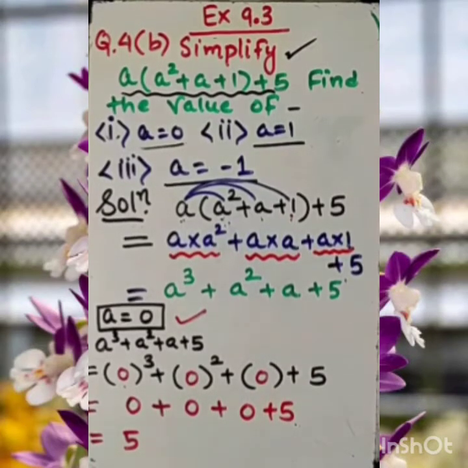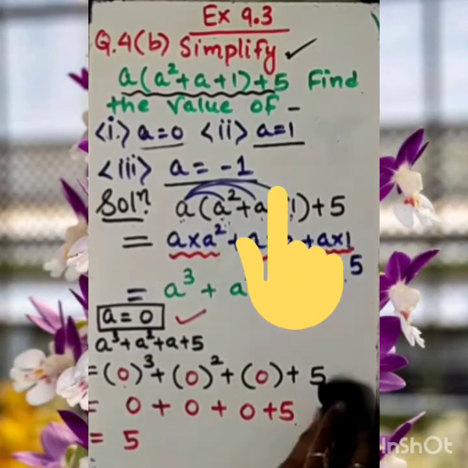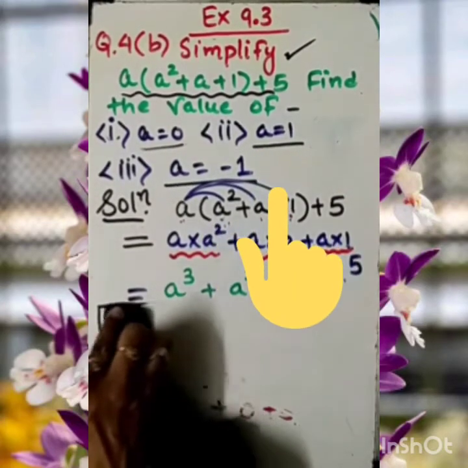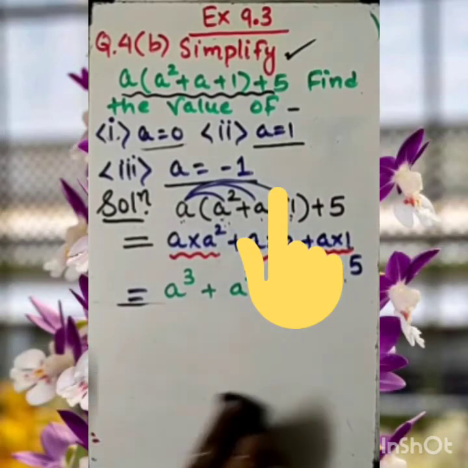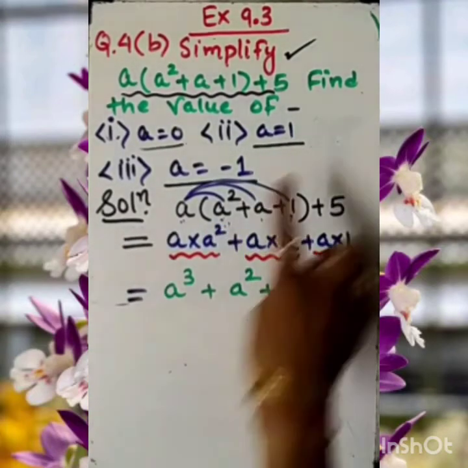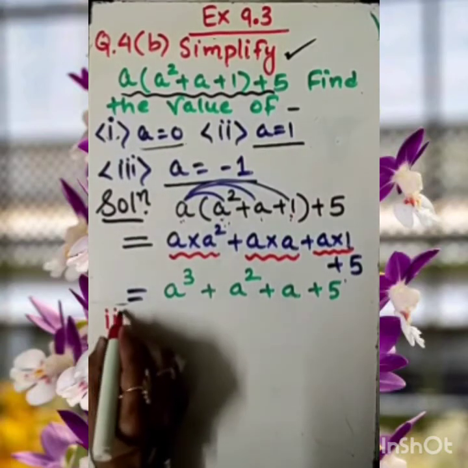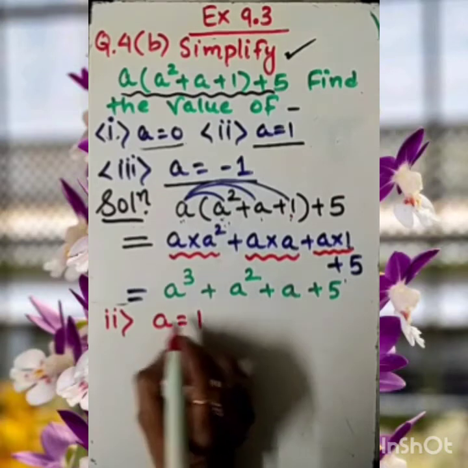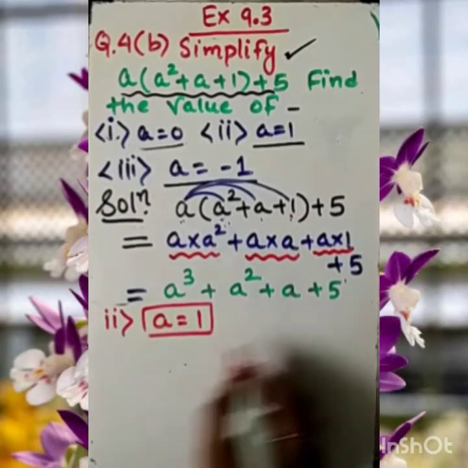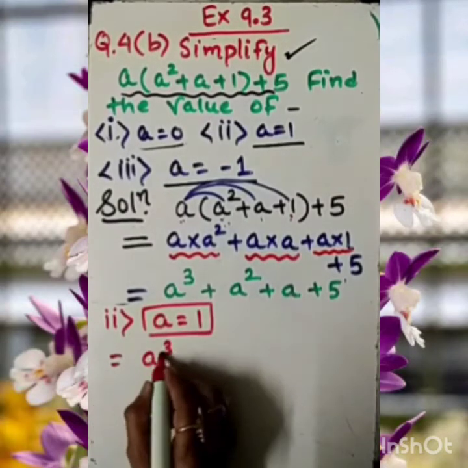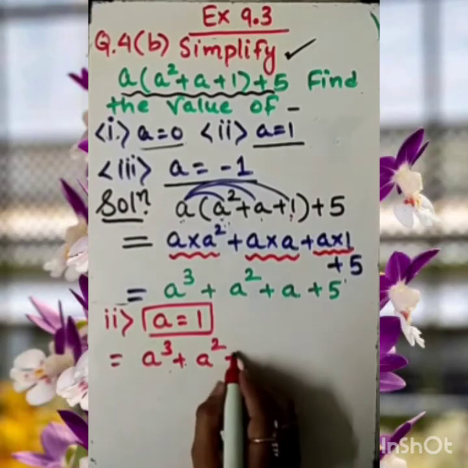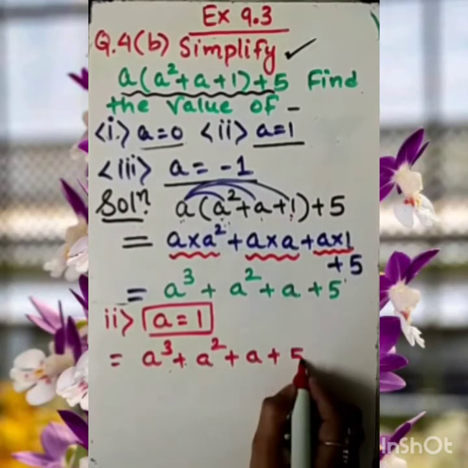Got it? Now in the second part, the expression remains the same, but I am going to put the value a equal to 1. I first mention here a equal to 1, and put this value in the expression a cube plus a square plus a plus 5.